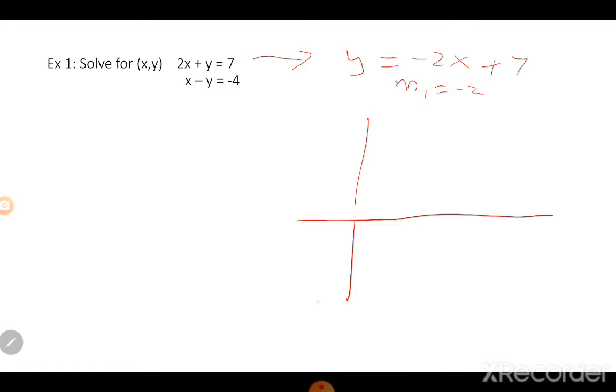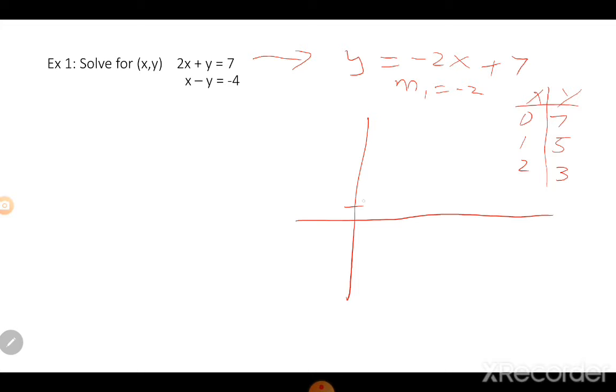So here, let's get some values for x. So when x is 0, y is 7. When x is 1, y is 5. When x is 2, y would be 3.